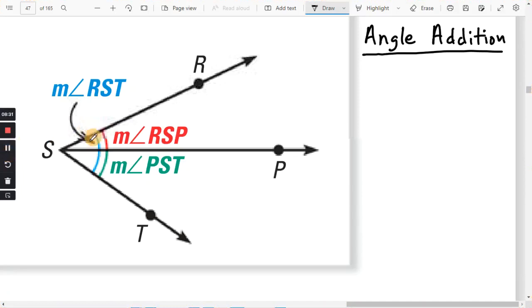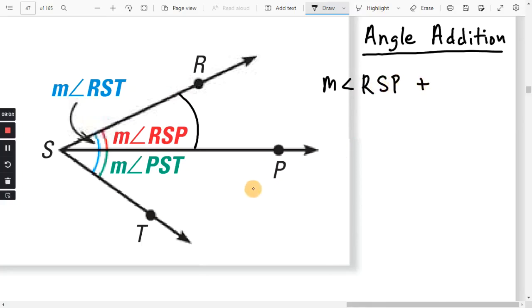All right, this is for the angle addition postulate. So we can add the angle on the top plus the angle on the bottom, and get the measure of the angle of the whole thing. All right, so the angle on the top, that is going to be RSP. Okay, that's this angle right here. So I'm going to do the measure of angle RSP.